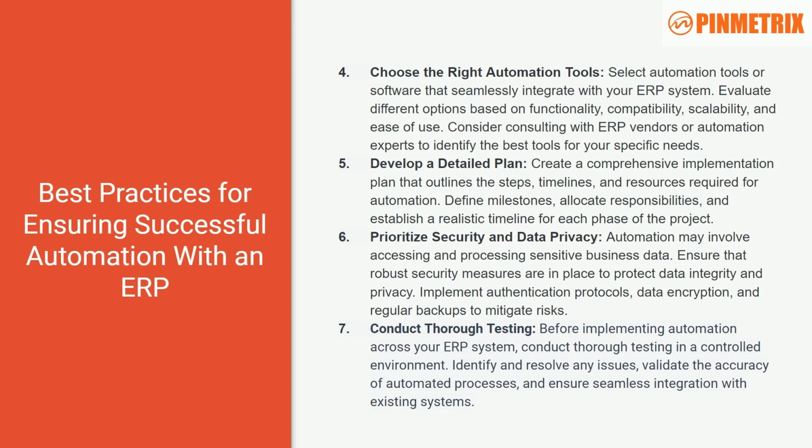So you need to develop a detailed plan, create a comprehensive implementation plan that outlines the steps, timelines, and the resources that are required. Don't leave anything out. Define milestones, allocate responsibility.